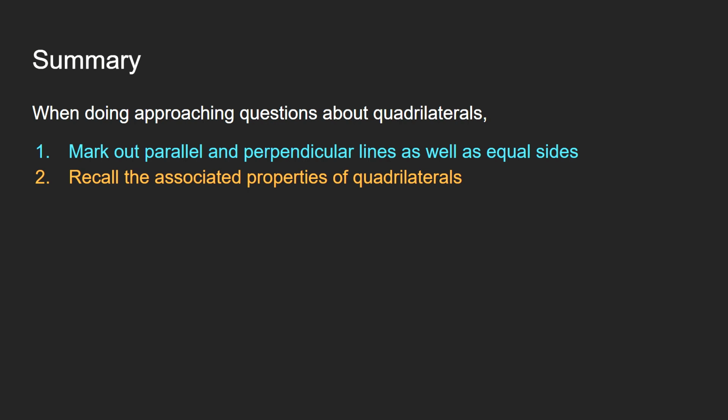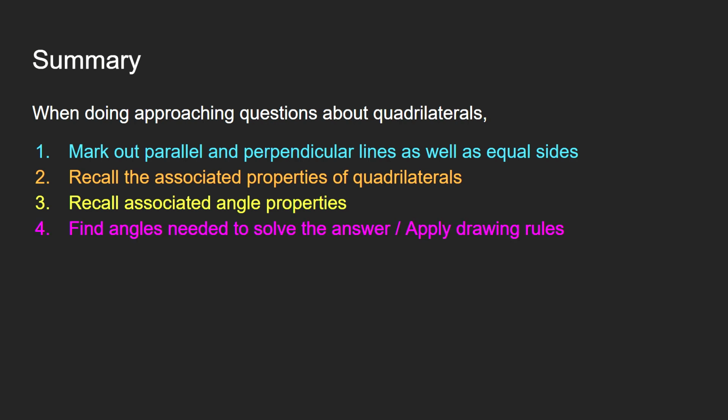Parallelogram: two pairs of parallel lines, opposite sides are equal. These work hand in hand with angle properties like interior angles, parallel lines, adjacent angles on a straight line, and angle sum of triangle. Then find the angles needed to solve the answer, or apply drawing rules like what I covered in example 4.